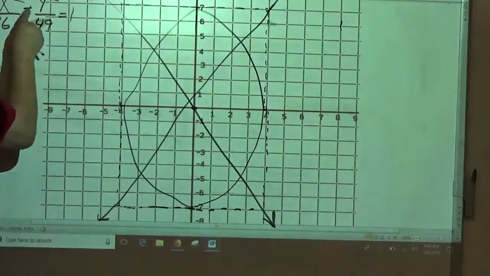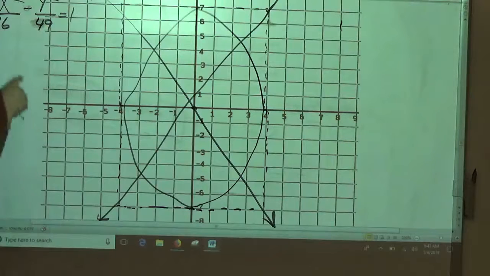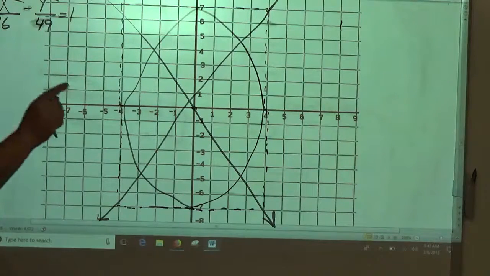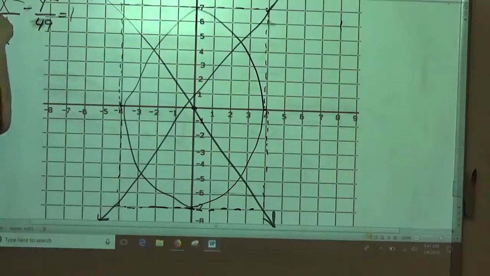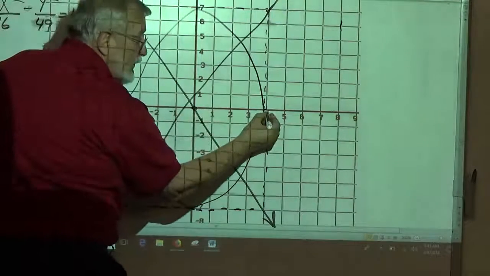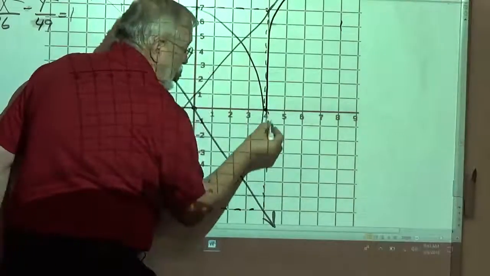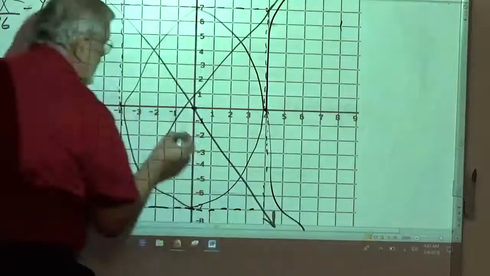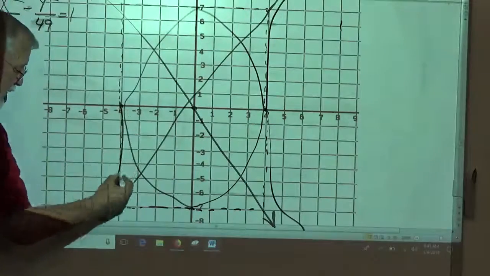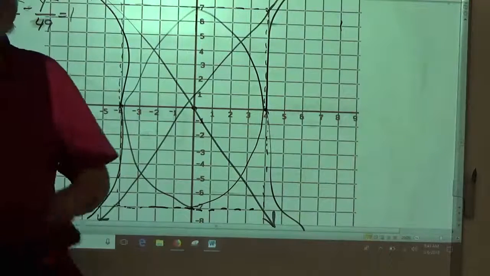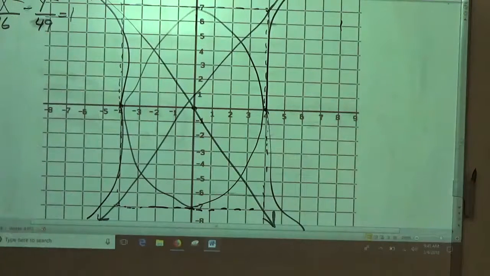Okay, now let's pretend this is negative. Now, because the signs are different, this is a hyperbola. The hyperbola will be along the x-axis. So I'm going to go to this point, and I'm going to use those diagonals as asymptotes. I'm going to approach them but not cross them.